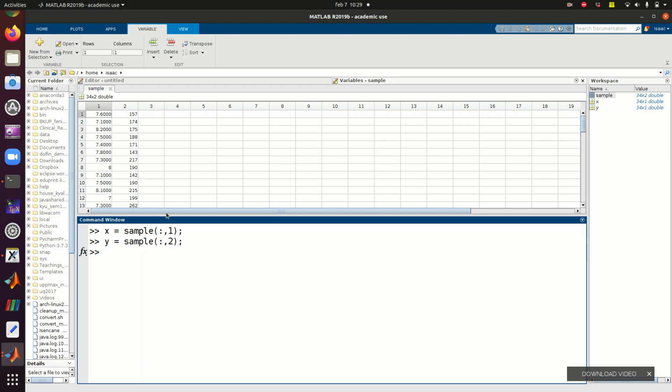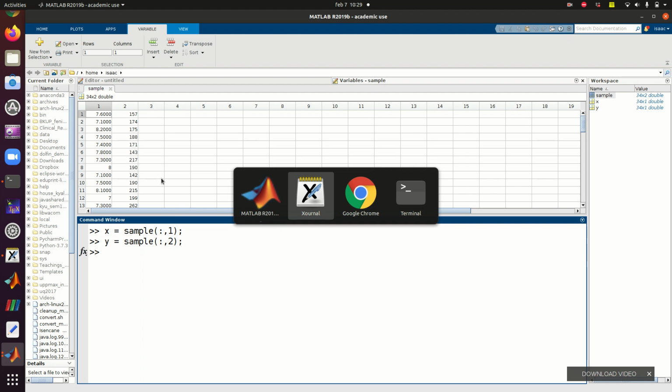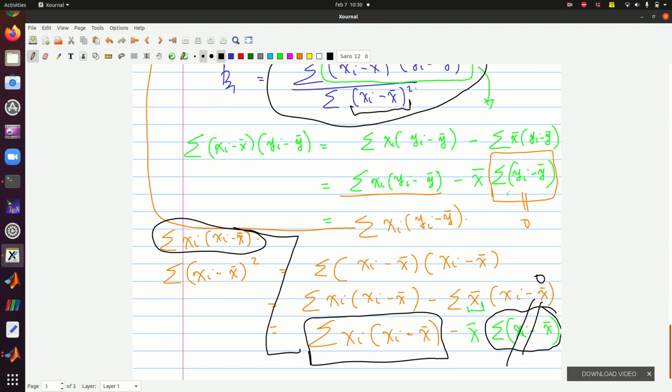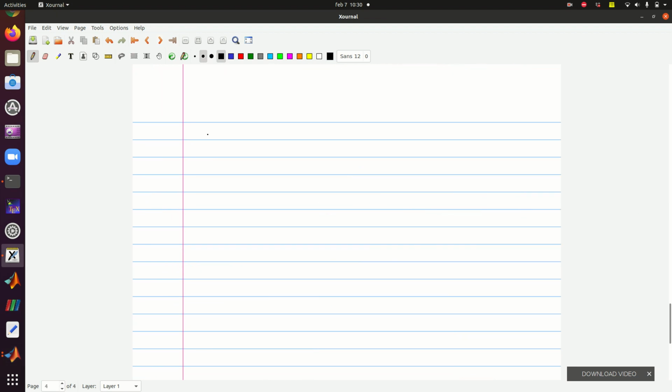If you're given values of x and values of y, and you are asked to calculate the linear regression, you simply write y hat equals beta naught hat plus beta 1 hat xi. How can you find your beta naught?